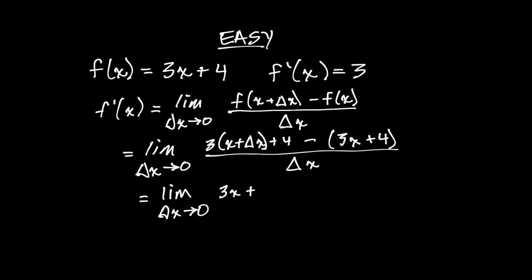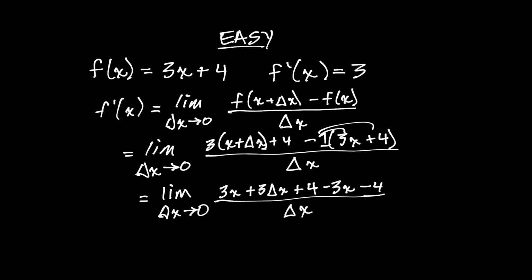So let's go ahead. 3x plus 3 times delta x plus 4 minus 3x minus 4, because remember I distributed this minus 1 on both of those terms, and it's still all over a delta x. So one thing that happens for us is a lot of things go out. Plus 3x and minus 3x add off, they add up to 0.